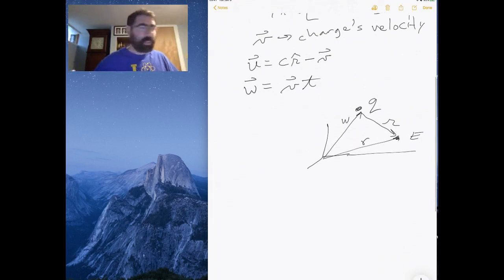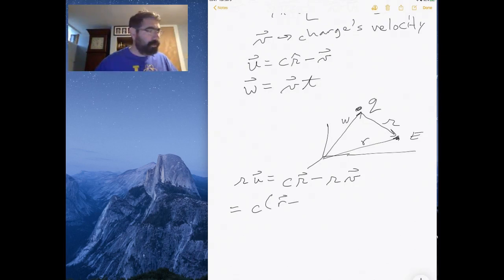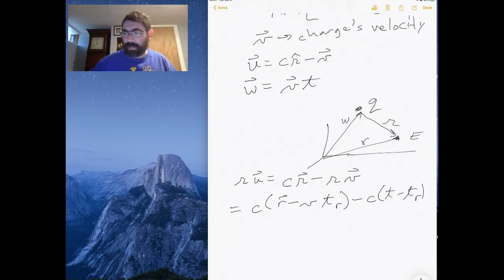And so let's take a look. We can take script r times the velocity u, and that'll give us c script r minus script r times v, which I can now rewrite as c script r minus v times the time in the past, t minus t_r, times the velocity v.